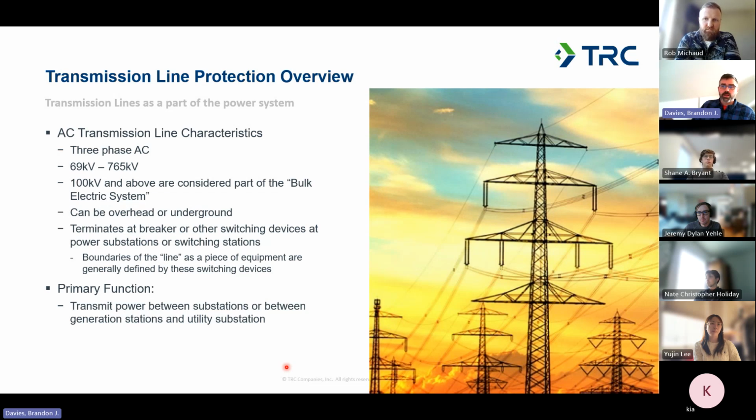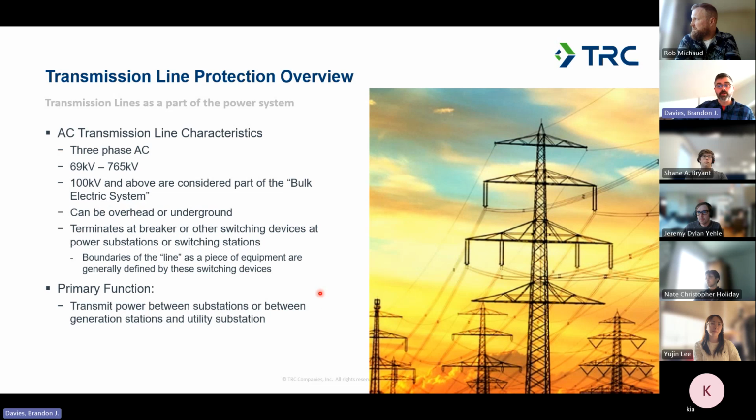So our transmission lines can be either overhead or underground. By far, the most common is overhead lines on transmission structures, like the one in the picture there. But you can have underground cables as well, underwater cables, things like that. It's just a different construction of the line.